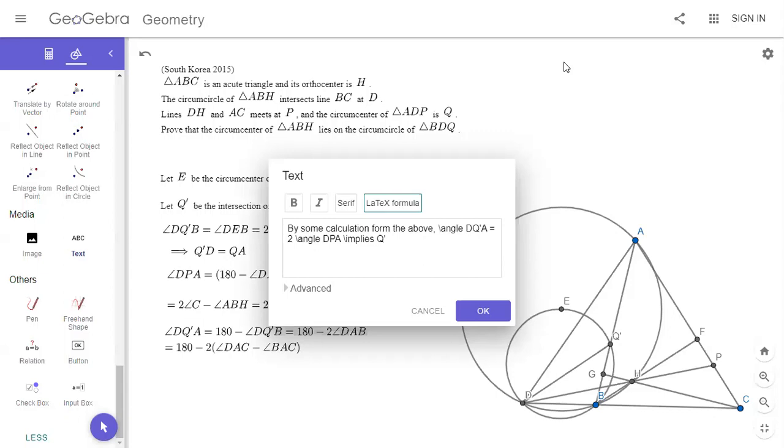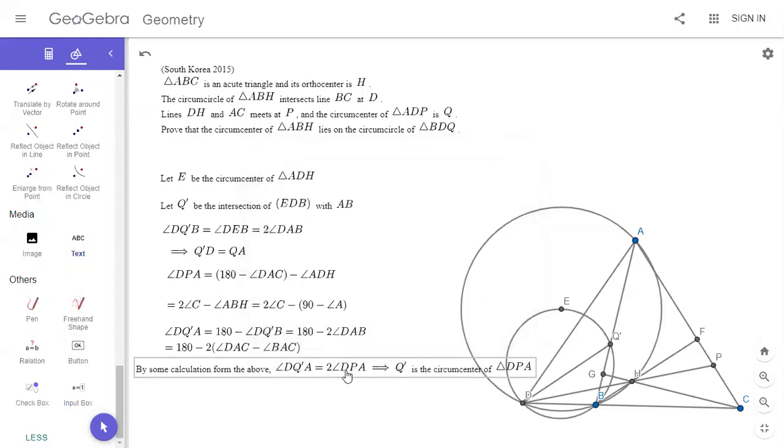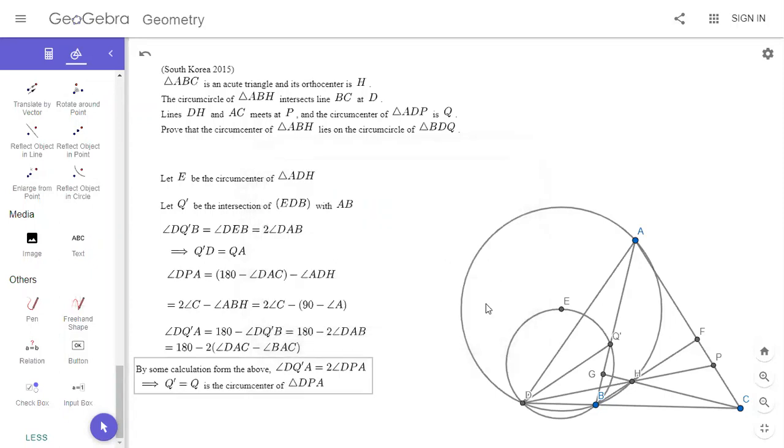We can write DAC as 180 minus twice angle C. Yeah. So that's what I did. I'm just going to finish this up quickly. So that means that Q prime is the circumcenter of DPA. So Q prime equals Q. I'll say Q prime equals Q is the circumcenter of DPA.